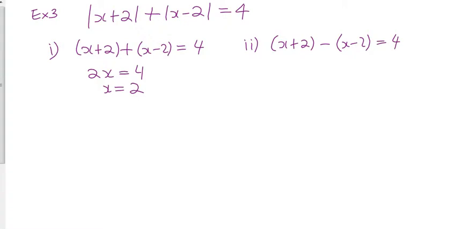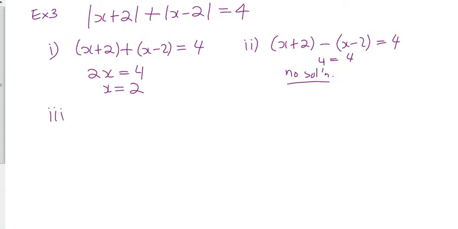So that gives me 4 equals 4. No. Okay? So there's no solution, right? There's no x values that make that true. The statement itself is true, but not terrifically helpful.